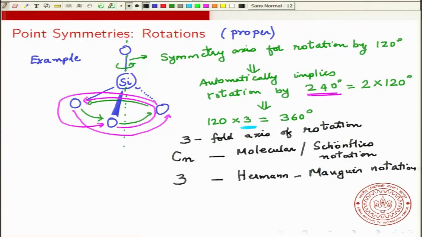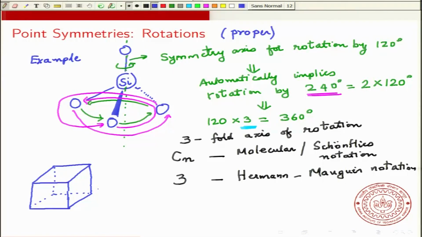Usually crystals have several axes of rotation and several symmetry axes. Just as an example, if you take a cube, you can see that it has several axes of rotation.